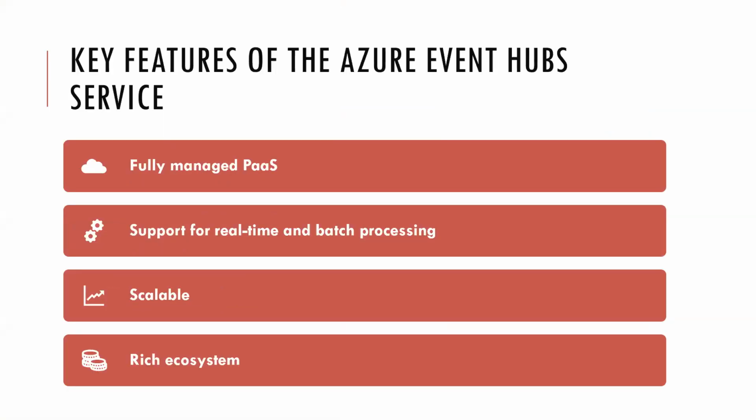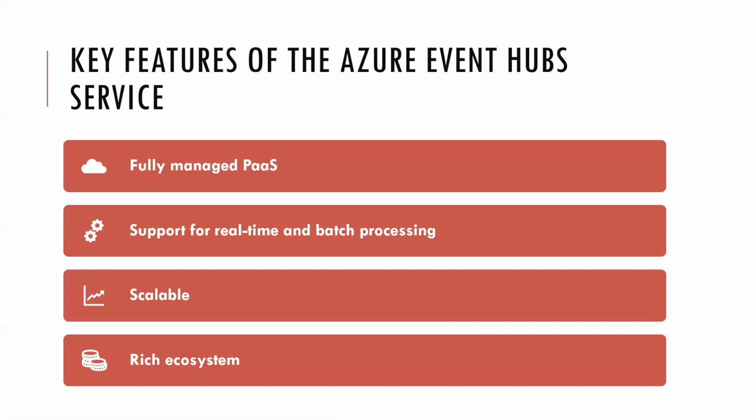What are the key features of the Azure Event Hubs service? Fully managed platform as a service, support for real-time and batch processing, scalable, and rich ecosystem. Let's talk about fully managed PaaS.